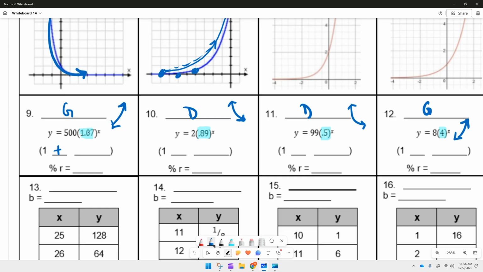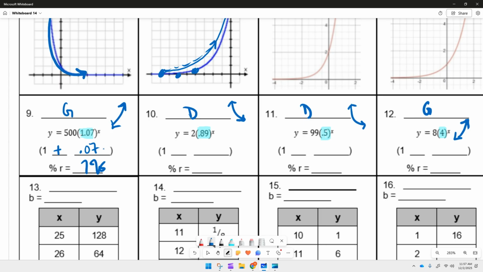Now, the 1 is easy because we know that's 1.07, so we know we added the decimal of 0.07. Now, then it says, what is the percentage rate? To convert that decimal, 0.07, the opposite of division is multiplication. So if I divided by 100 to get that decimal, I'm going to multiply by 100 to get that percentage. So 0.07 times 100 is 7.